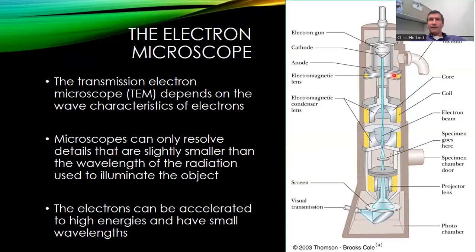We don't have dispersive type media for the electrons, or at least none that I'm aware of that isn't going to absorb all the electrons. Electrons are going to want to interact with matter pretty vigorously. So we've got to use other techniques. We'll see how these electromagnetic lenses actually work.